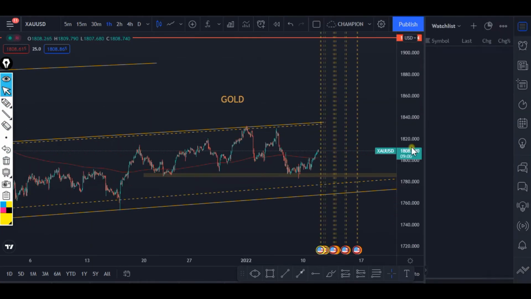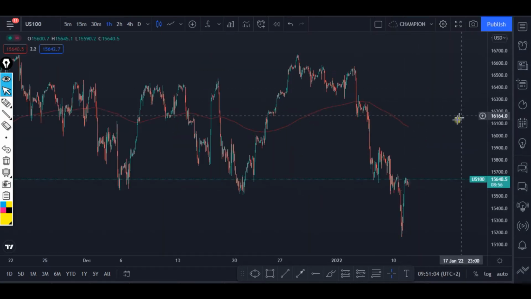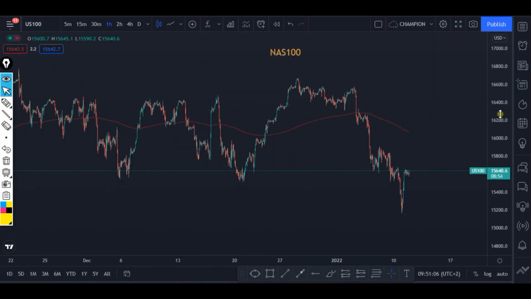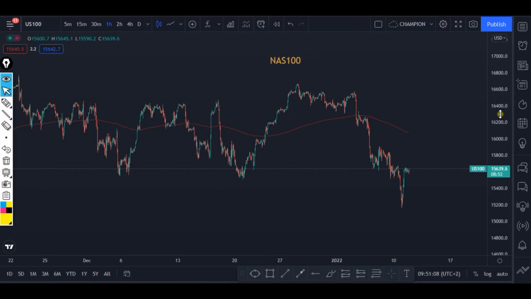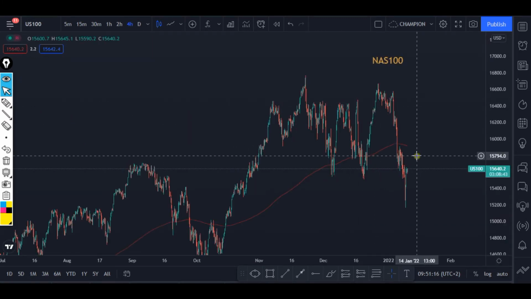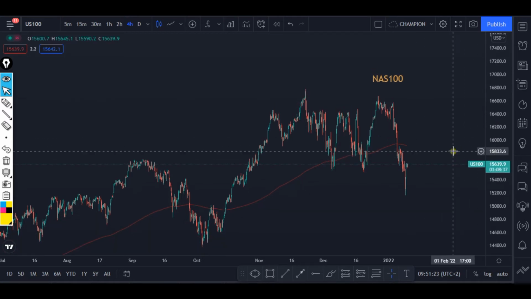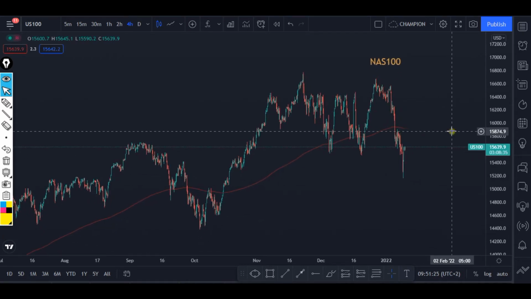Our next chart for the day is US100. We call it NAS100, some call it NASDAQ100. So let's go to our 4 hourly time frame. Remember, the bigger the time frame, the easier for us to read the market, and the market always respects the higher time frames, I'm telling you.